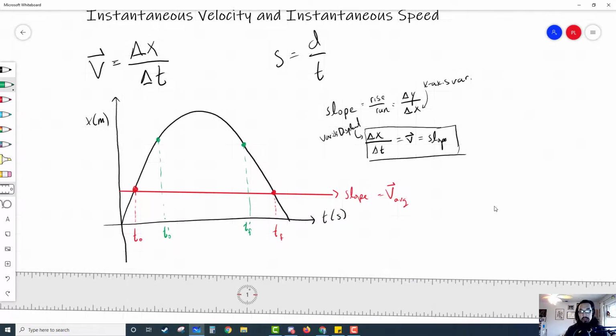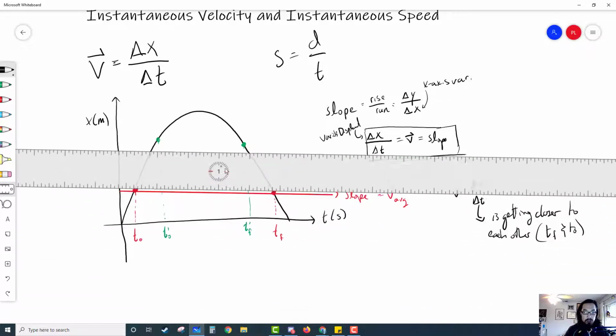What I'm saying is that the delta t in our velocity equation is getting smaller, meaning TF and T initial are getting closer together.